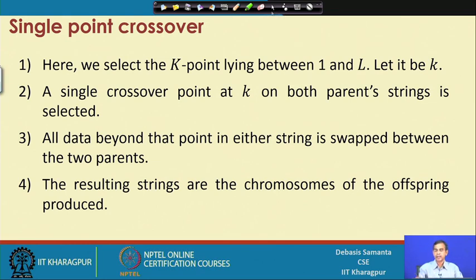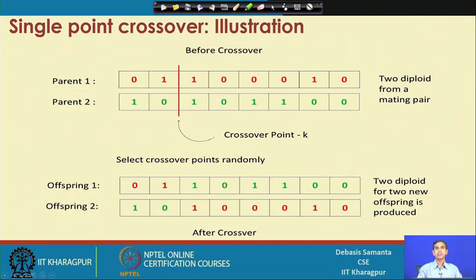The strategy can be better understood with an example. Suppose this is parent 1 and this is parent 2, two parent chromosomes, and we randomly select one crossover point k. Once it is selected, we interchange the chromosome parts of the parents to produce the offspring.